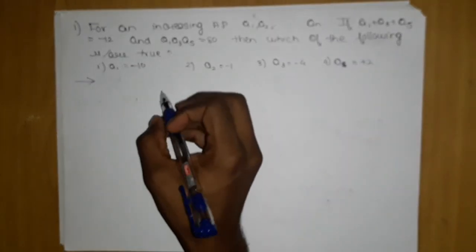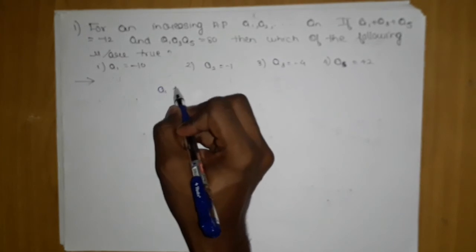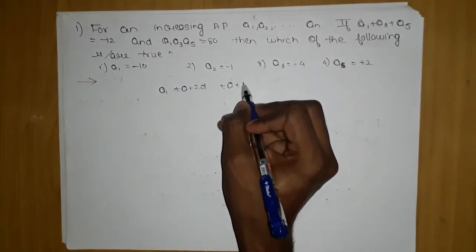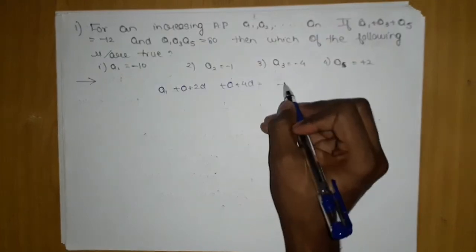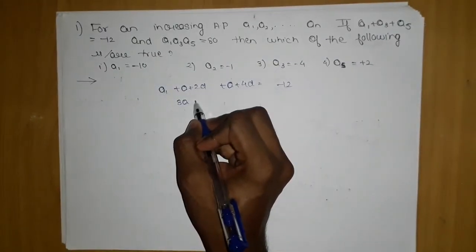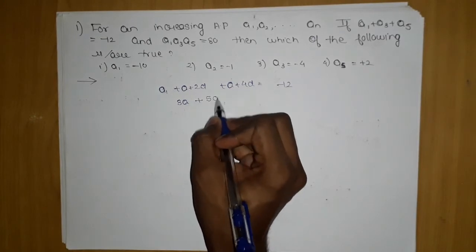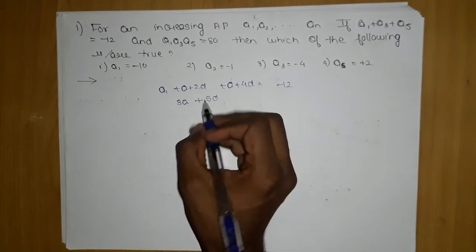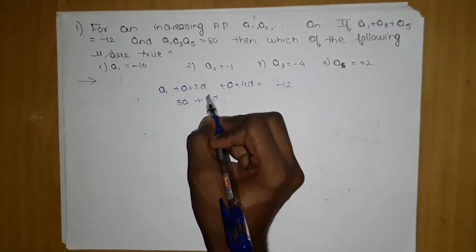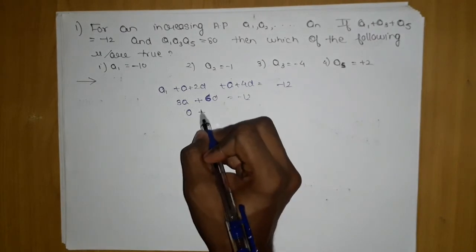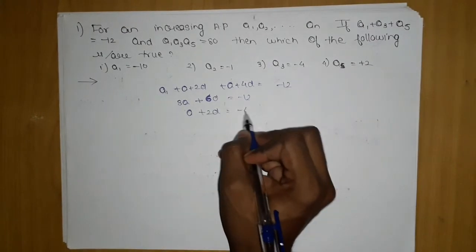The first thing I can write is A plus A plus 2D plus A plus 4D, which should be equal to minus 12. Now this will become 3A plus 5D, wait, 5D or what, 7D, no, 6D. 6D is equal to minus 12, and if I divide by 3 I will get 2D is equal to minus 4.